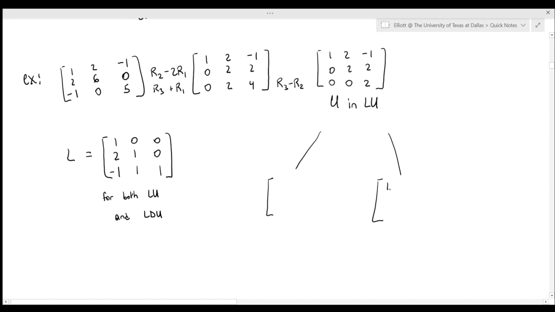That gets you the new U. So divide row 2 by 2. Divide row 3 by 2. That's the U for LDU. And then remember the diagonal matrix: you just take the diagonal entries of the old U to form the diagonal matrix.